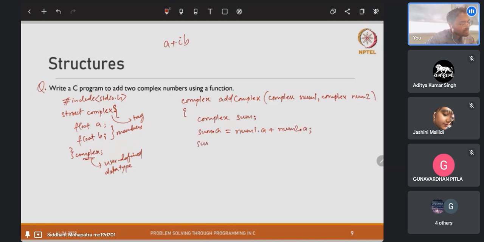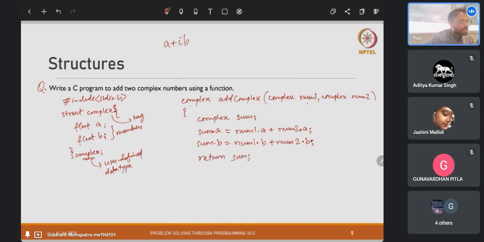And similarly sum dot b is equal to num1 dot b plus num2 dot b. So I have added up these two structures which I took as input, num1 and num2. Now I have to return this sum, which is a structure.